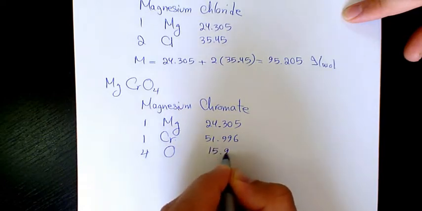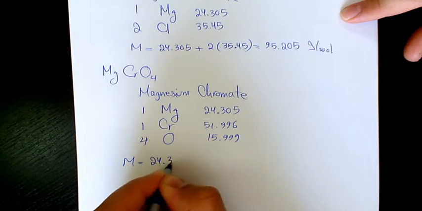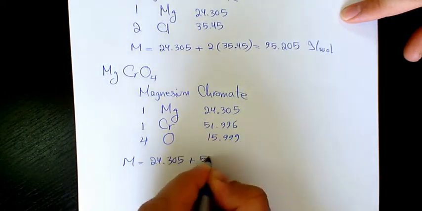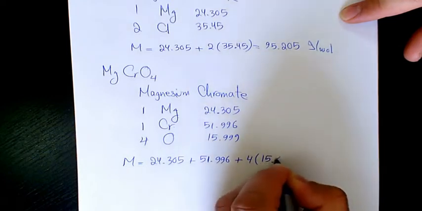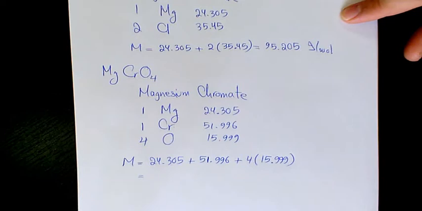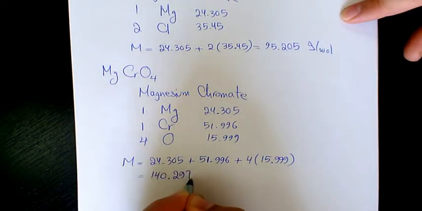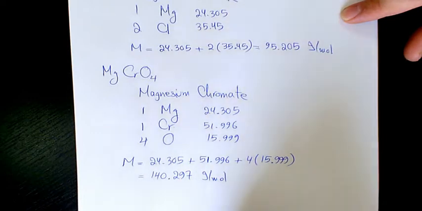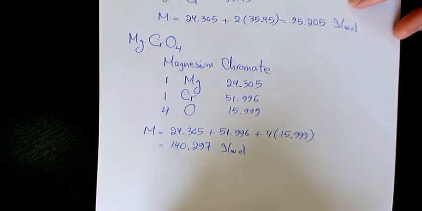Oxygen 15.999. So molar mass is going to be 24.305 plus 51.996 plus 4 times 15.999. That's going to be 140.297 grams per mole. That's magnesium chromate.